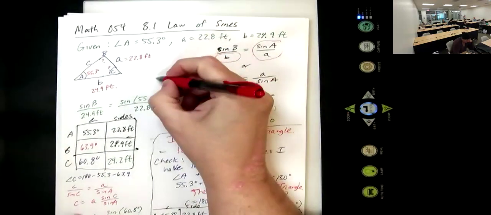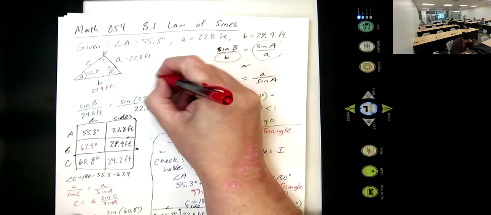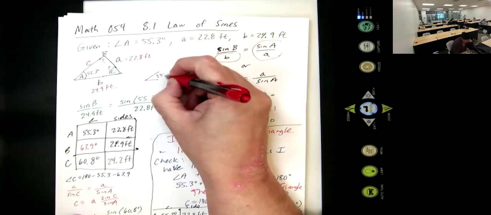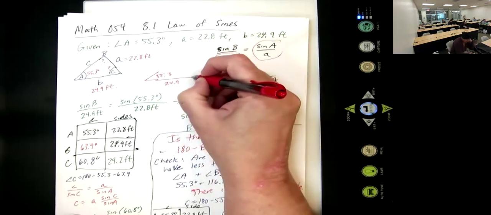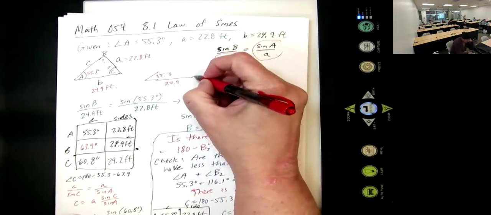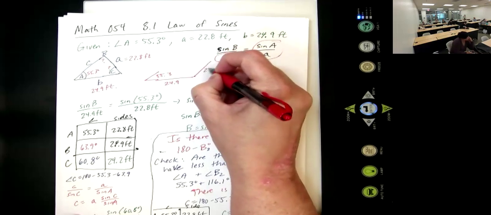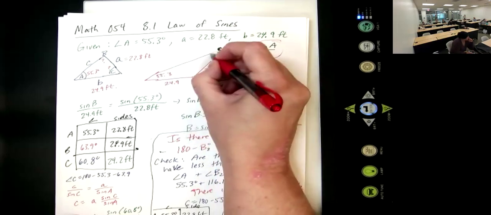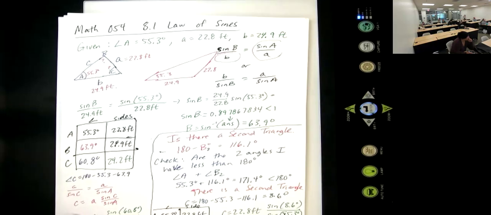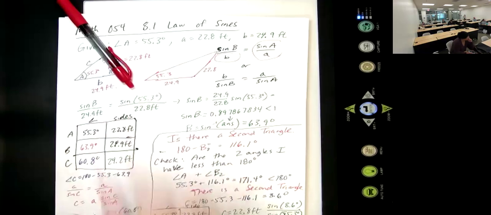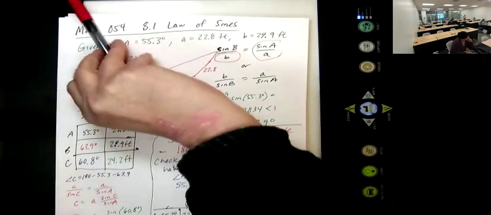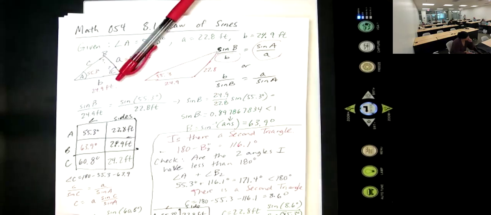As a triangle, we had angle 55.3, 24.9 there, and this side 22.8, making an angle like that. But we don't know if this 22.8 is going this direction or that direction.